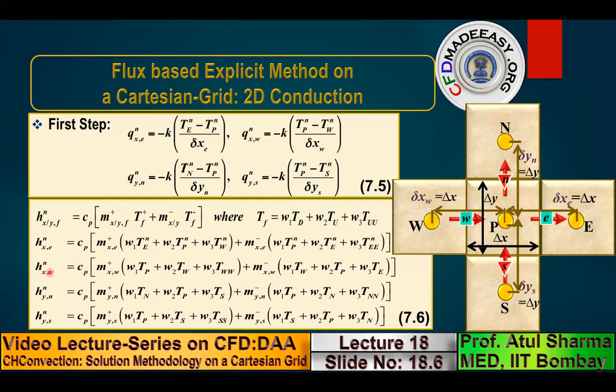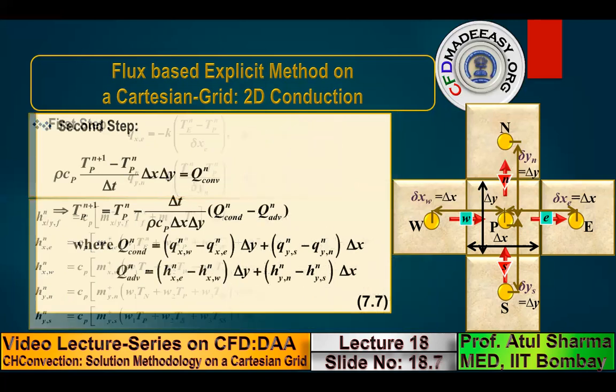Similarly, for calculating at the west phase, you have to substitute TW plus and TW minus, and you'll get this expression. So these are the expanded form of the expression corresponding to the various surfaces. For a uniform grid, note that these weights are constant, whereas they vary for a non-uniform grid. That will be presented later in this lecture.